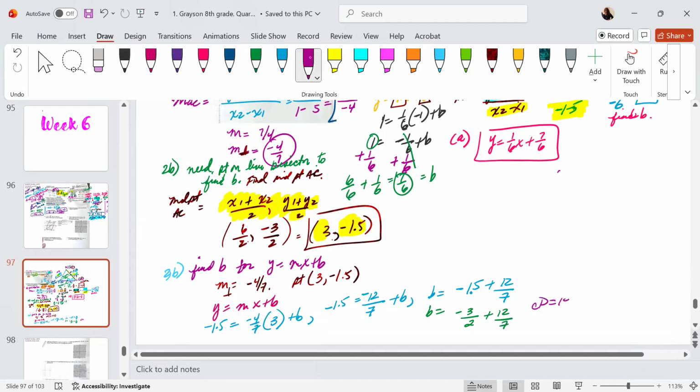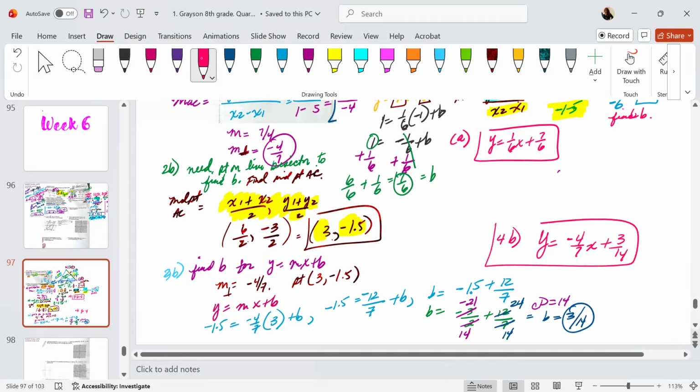Common denominator is going to be 14. If that becomes a 14, negative 3 times 7 is negative 21. If that becomes a 14, 12 times 2 is 24. So your B is going to be a positive 3/14. Now that you have that, your equation is y is equal to negative 4/7x plus 3/14. That is your equation for part B.